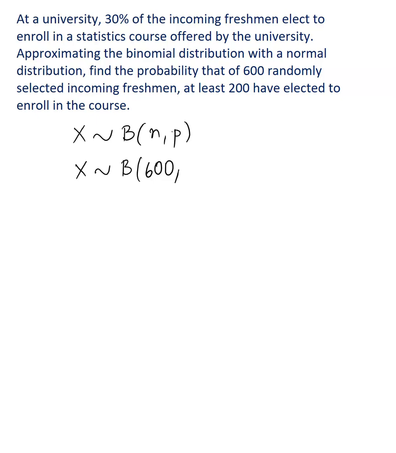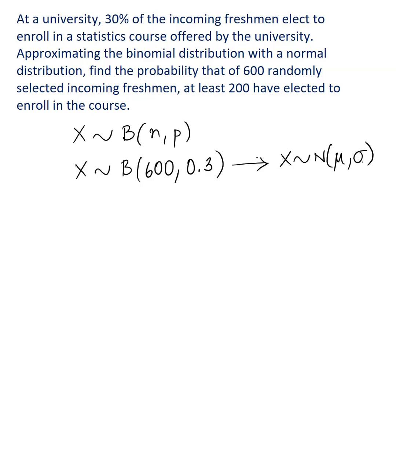So we have only two options: those who enrolled in the stats, those who didn't. So that's 30%, which is 0.3. So I've got this. We have to convert this to x normal mu comma sigma, right? And not just that, we have to find the probability for that last statement.